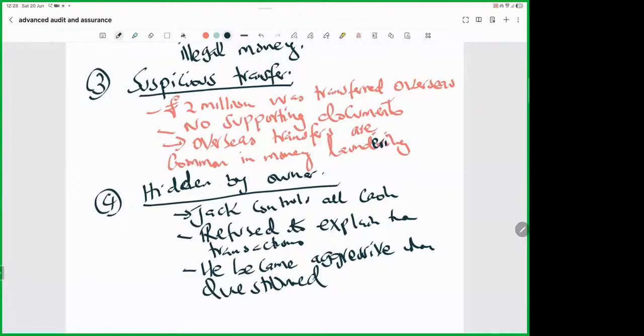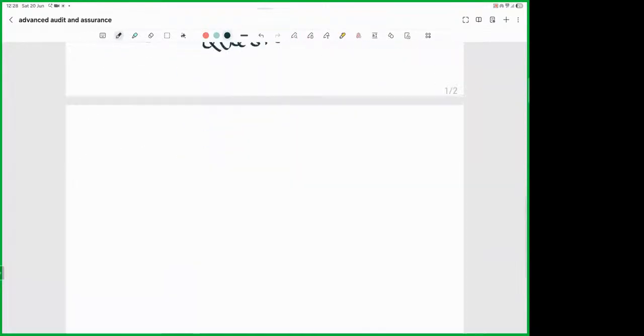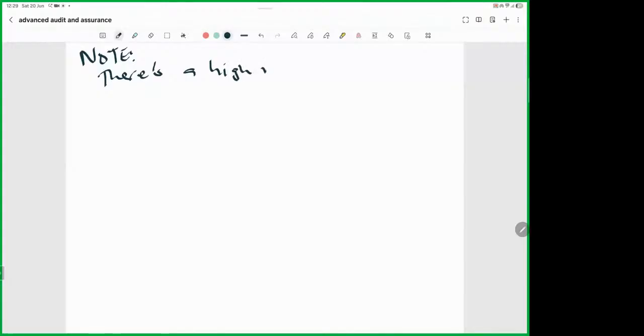Yeah. So I think these ones, once you have them very well, then you are good to go. So tell us there, overall, as a note, that there is a high risk of money laundering, comma, fraud.